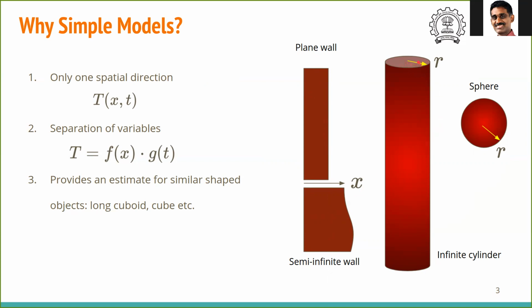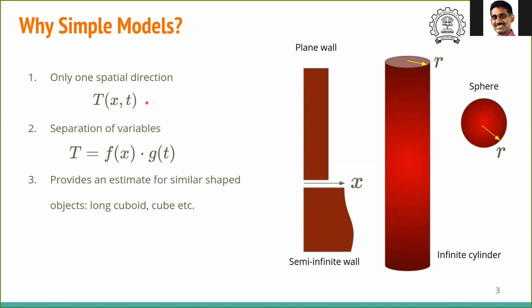Similarly, for the cylinder and the sphere, there's only one direction in which temperature can change. It is the same in the theta direction and the same in the z direction. So the temperature is a function of one spatial coordinate and time.